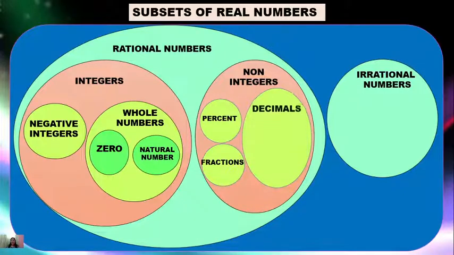Another one is decimal. Okay, it consists of repeating and non-terminating decimal. Repeating, when we say repeating, recurring decimal. Non-terminating, endless, okay? Infinite number of decimals. So when I say repeating and non-terminating decimal, just like 0.33333.